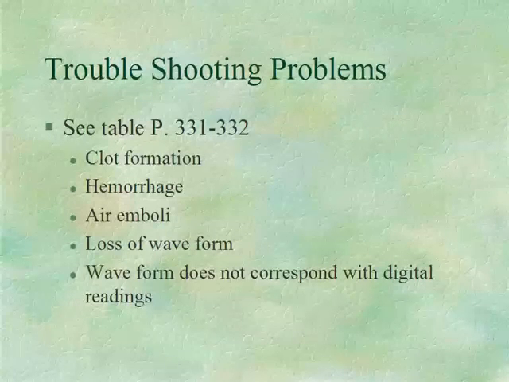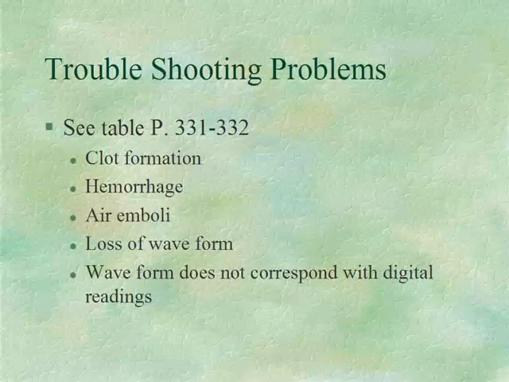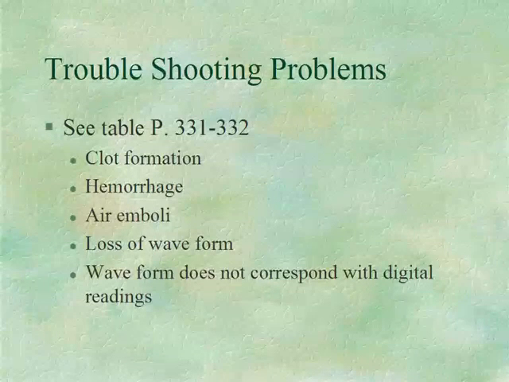That's why the solution has heparin in it, so that you don't get those clots, but sometimes you do. Hemorrhage, particularly if it becomes disconnected. Air embolism, loss of the waveform, or a waveform that does not correspond with the digital readings. There is a table that talks about the different pressures and calculation of your hemodynamic values, and that's on page 327.